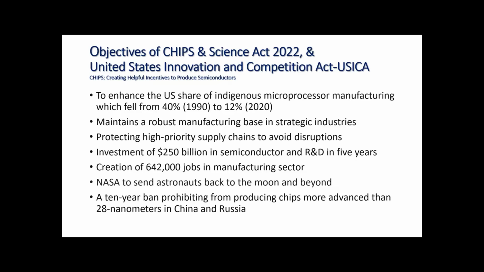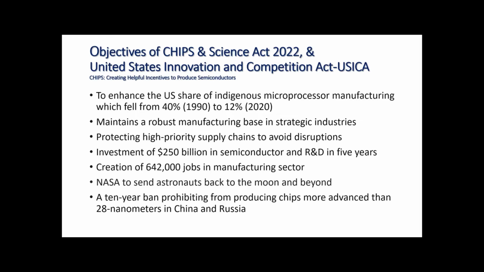So USA is basically going to invest $250 billion in the semiconductor industry and research and development in the next 5 years. And why is that so? Because America is a more than $20 trillion GDP country. 2% of GDP was spent on research and development, which fell to 1% in the last 5 years, and that was also a point of concern.